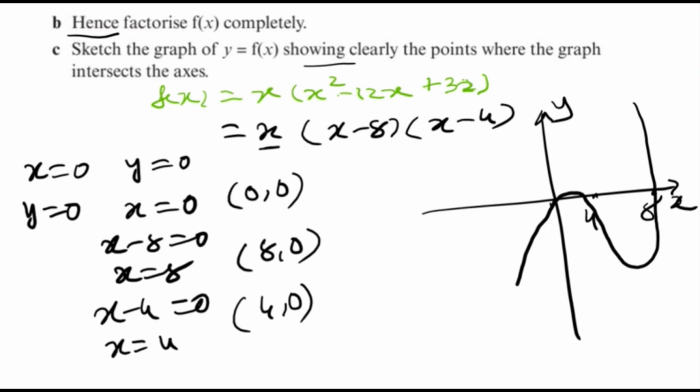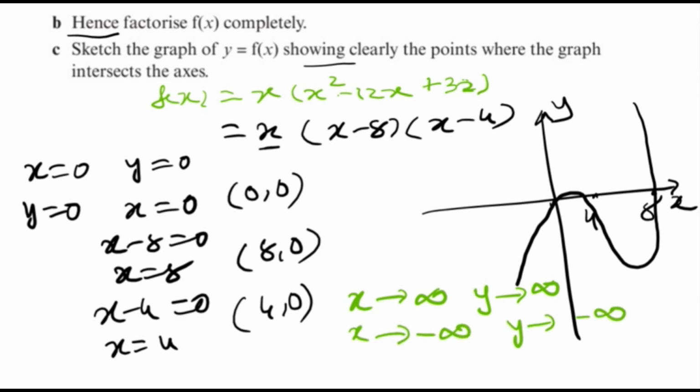And if you remember guys, always we have to write the range. So x tends to infinity, y tends to infinity. X tends to minus infinity, y tends to minus infinity. So this is the answer for parts A, B, C.